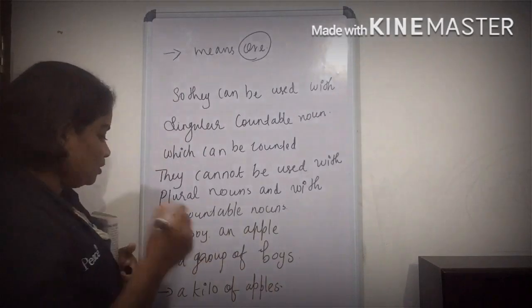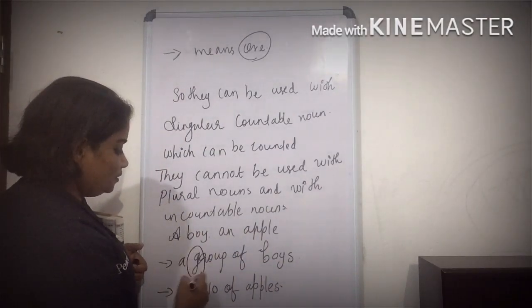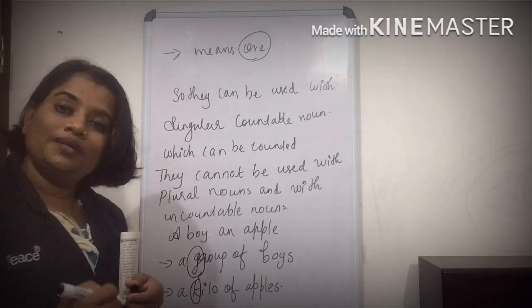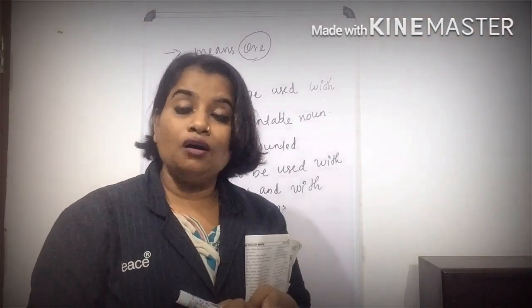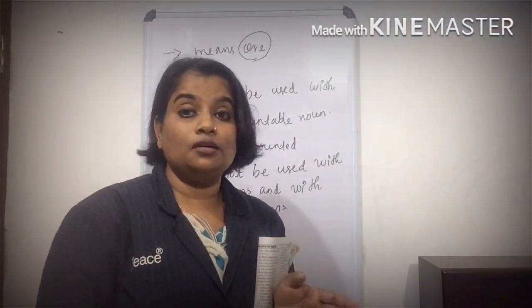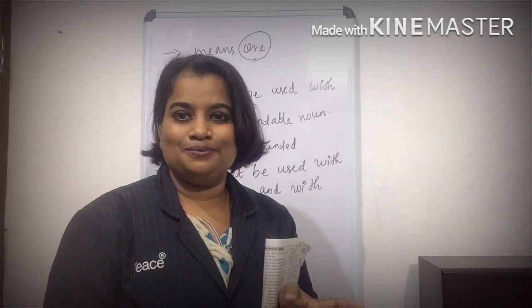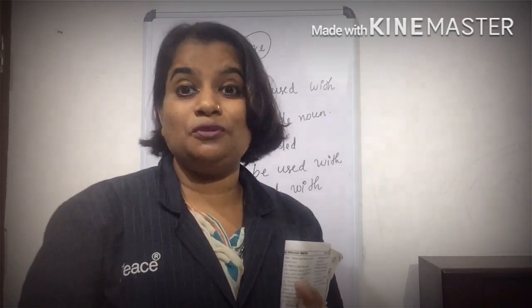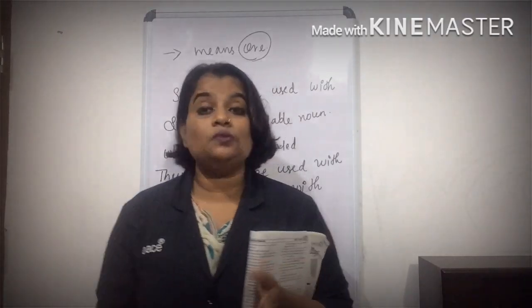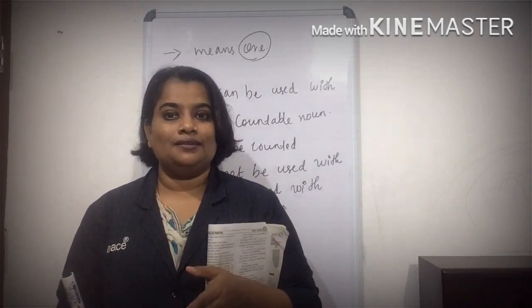Why? Because you can use a before the consonant: a kilo of apples and a group of boys. But directly we are not using a and an before plural and uncountable nouns.